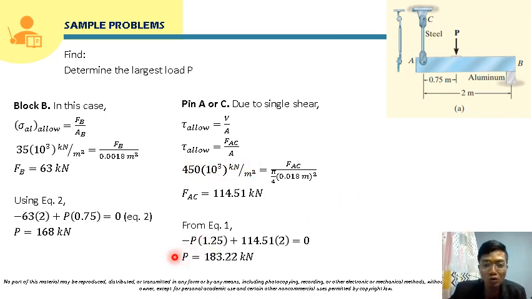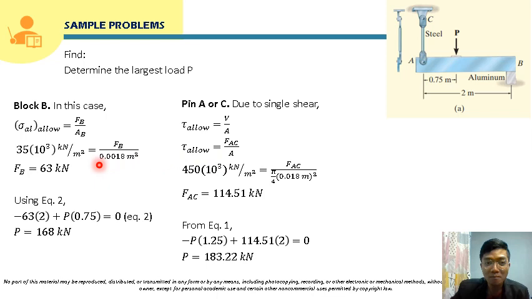But if we use this value of P for block B and substitute it here, the value of FB will be greater, since this value of P is greater than that value of P. So FB will increase, and it will exceed the allowable normal stress for the aluminum block.